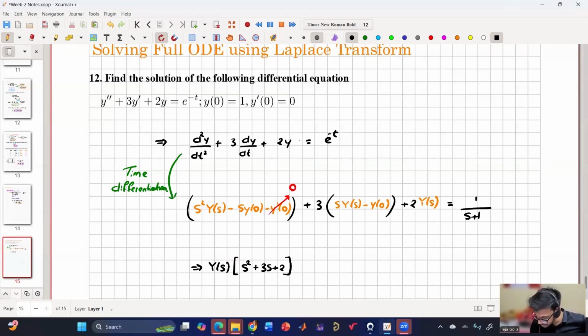If I take it to the other side, there is this term that is left, minus s, and then there is this term that is left, which is minus 3. So if I take it that side, it will be s plus 3, right? So this is equal to 1 by s plus 1 plus s plus 3. Agree?